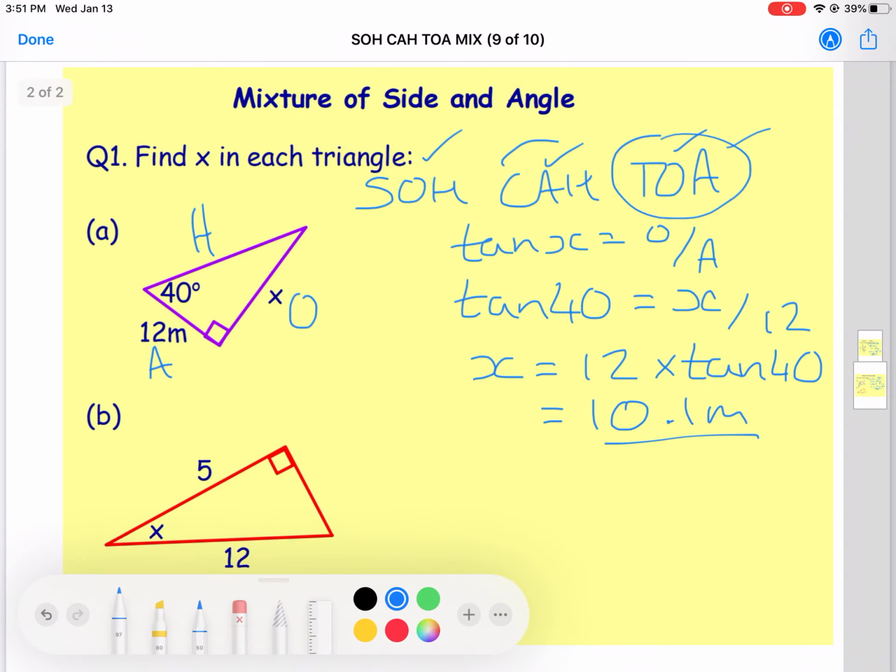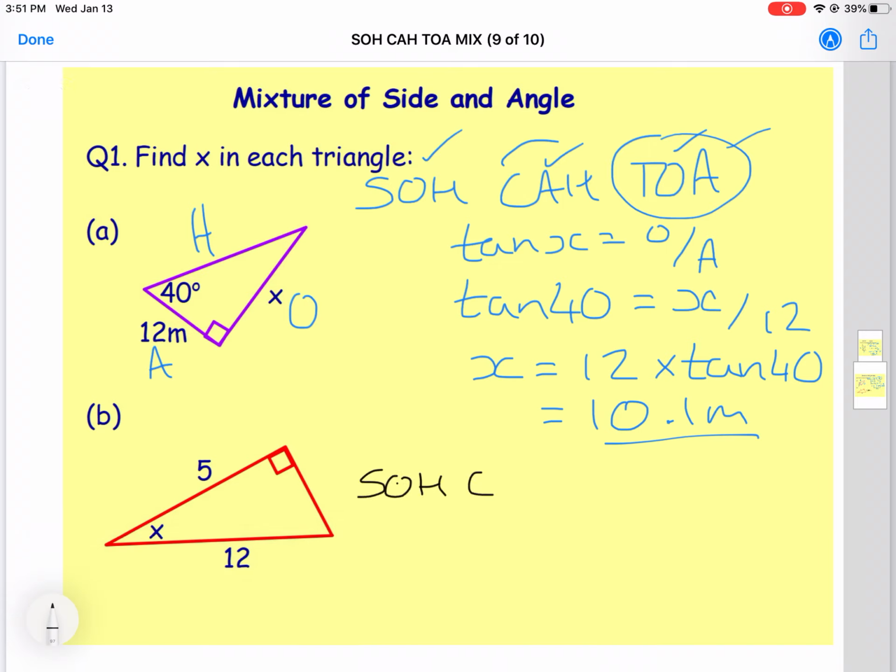For the next one, if I just change the colour here, we need to do SOHCAHTOA again. But in this case, we have got the opposite over that side. The h is where the 12 is, adjacent at the 5. So we tick the a and the h, and we can see we're using cos.